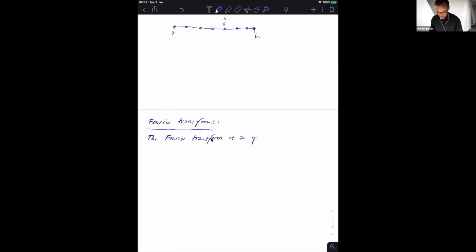As an operation which transforms one function from one domain, let's say this function with small f, to another domain.